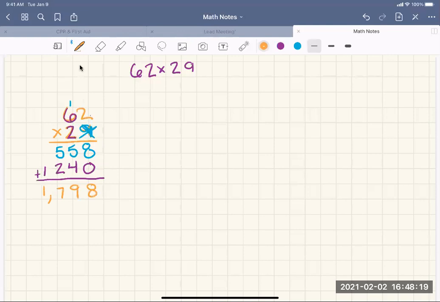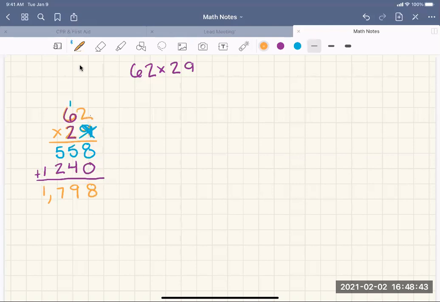So we've done a ton of examples where in each example, we have progressed more and more into the standard algorithm. So the standard algorithm is more efficient when you are doing multiplication, and you can do it a lot faster.